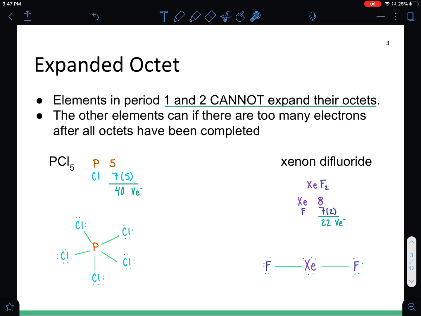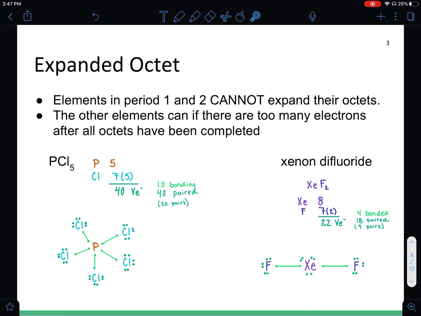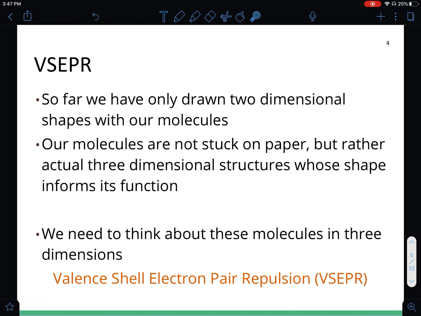All right, now that we know how to draw out the dot structures for atoms that have expanded octets as well as ones that follow the octet rule, we are going to start naming these different shapes. We will do that with the VSEPR theory, which stands for valence shell electron pair repulsion.